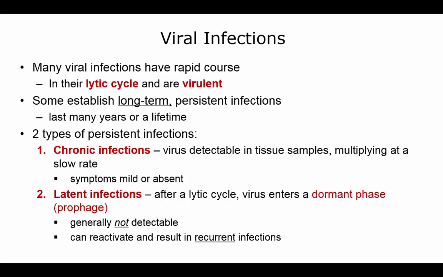Many viral infections are very rapid. They have a lytic cycle and they're virulent. Some of them, however, are long-term and persistent and last years to a lifetime. The persistent infections can be chronic, where they multiply at a slow rate, and the symptoms are mild or absent totally, or latent, where after the lytic cycle they go into the dormant prophage phase, and they aren't detected, but they can reactivate.